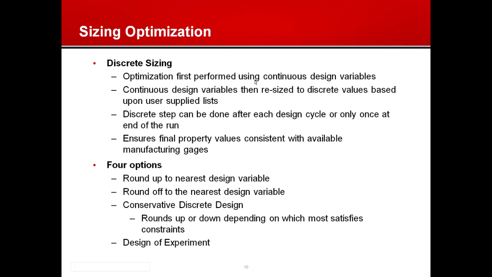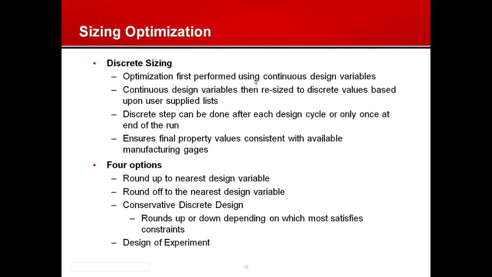And for doing discrete sizing, Nastran allows 4 different options where we round up or round to the nearest design variable, and then there is a conservative discrete design and design of experiment. Those are 4 different methods available.